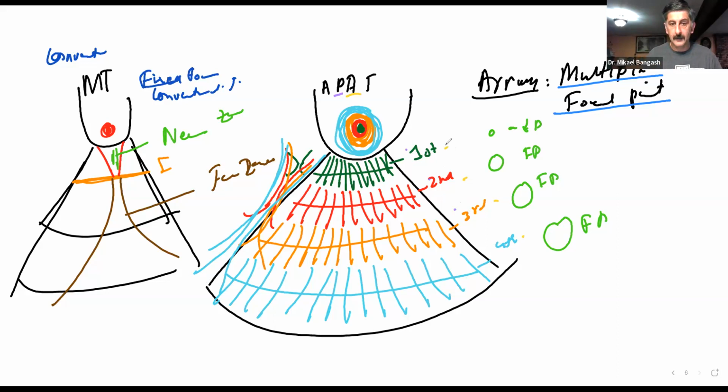That's the general concept: the shallowest depths are going to be focused first, followed by greater depths, followed by greater depths, followed by greater depths. And that phased focusing is controlled electronically.